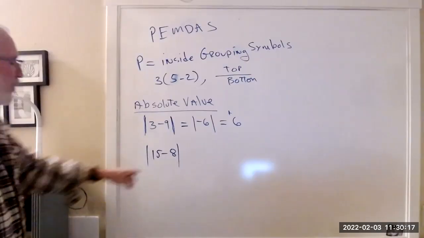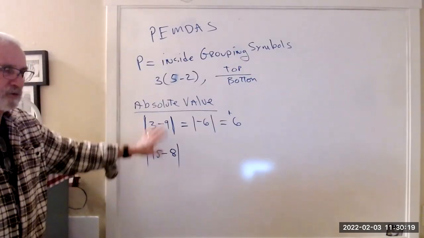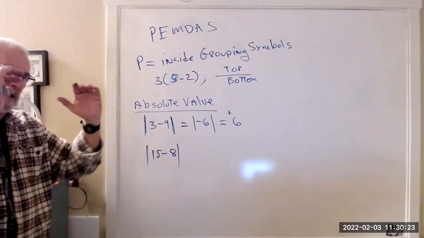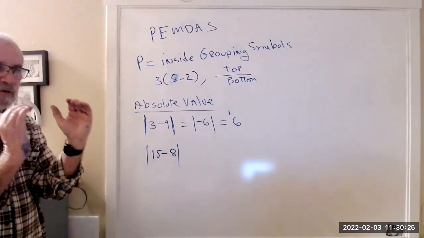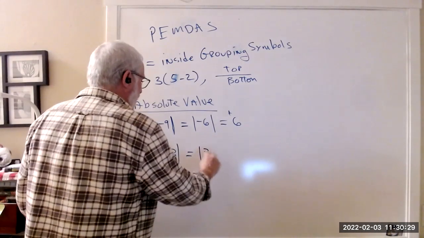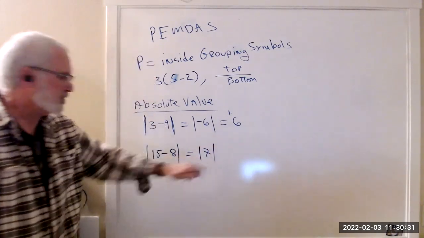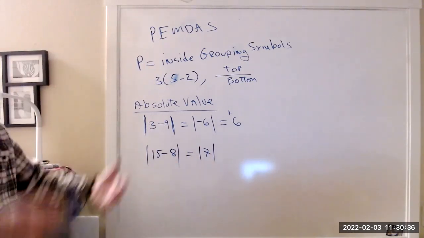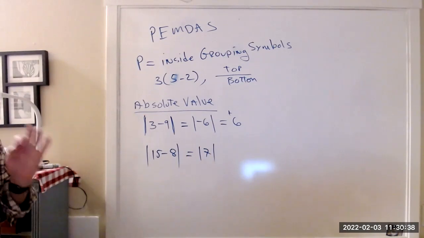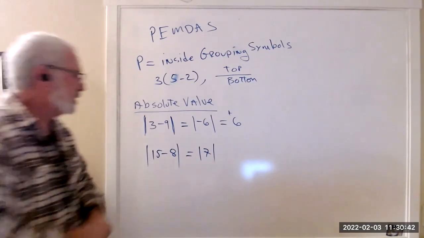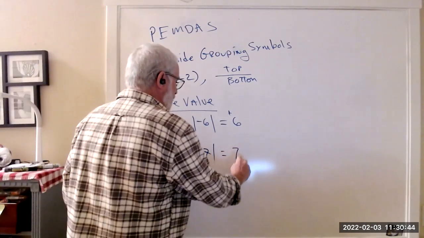All right, so here we go. Here's another problem. Absolute value of 15, take away 8. Well, again, it's grouping symbols. So we do the 15 take away 8, and we get the absolute value of 7. 15 take away 8 is 7. But the absolute value makes the answer positive. That's what we were just talking about. So in this case, the answer is still 7.